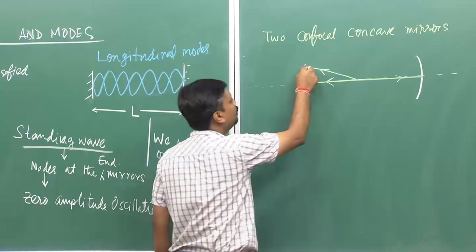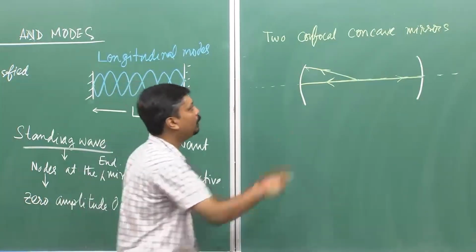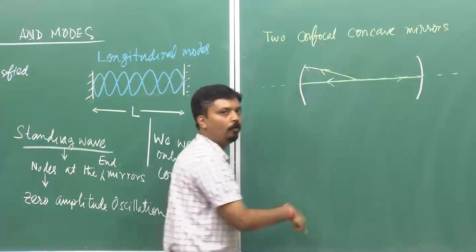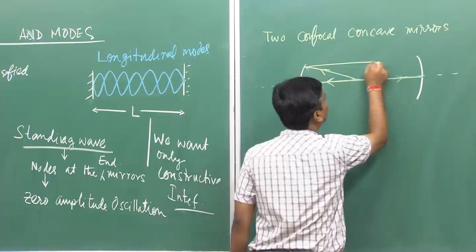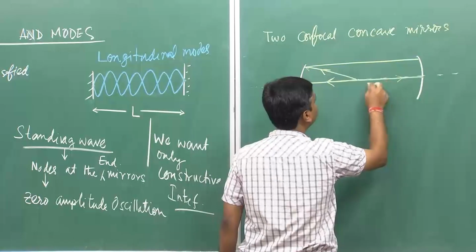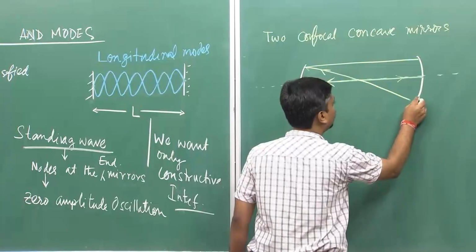Here what will happen, because of its concave surface and because we have chosen it to be also confocal in this case, this will go here. Okay, so suppose this is coming from here.